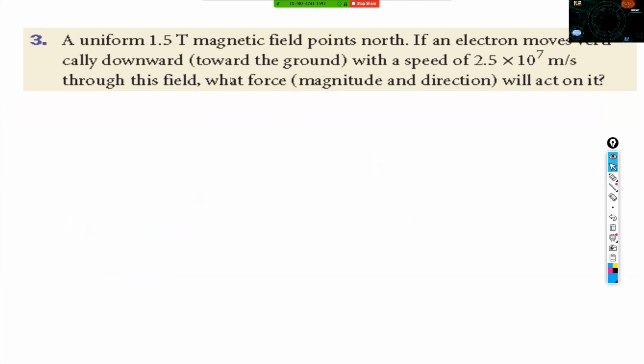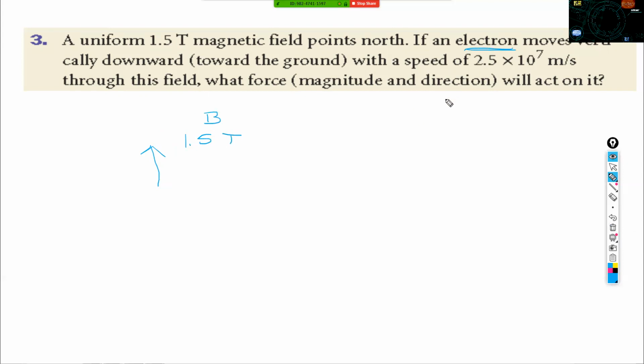Okay, number 3 here. Uniform 1.5 Tesla is pointed north. So 1.5 Tesla, that's my magnetic field. Again, it's an electron. It now has a speed of 2.5 times 10 to the seventh through this field.